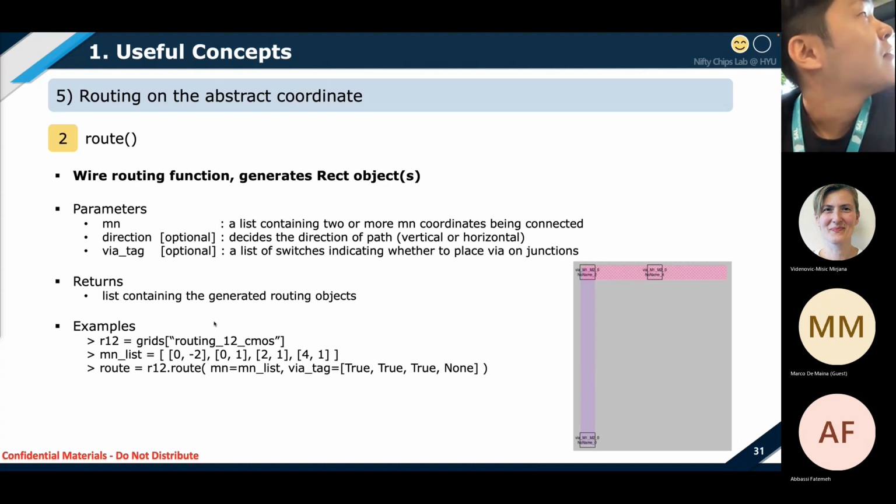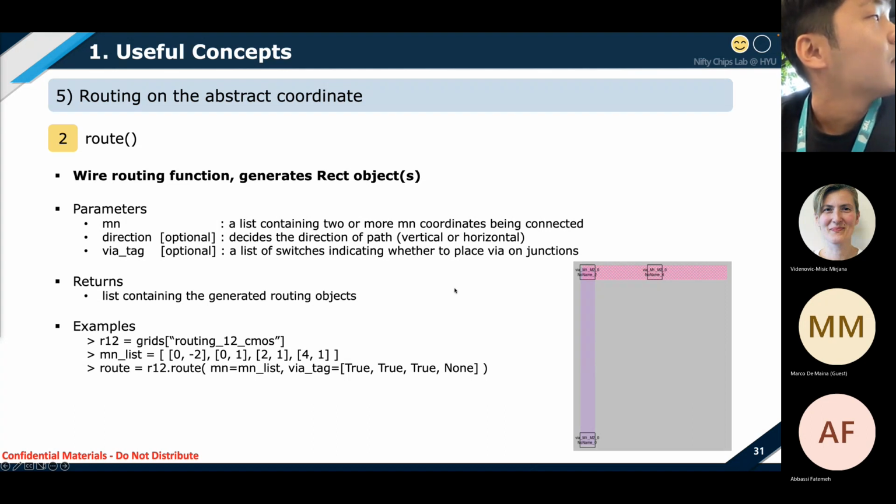And the second one is the route method, which is a wire routing function that generates a rect object. There are three parameters we can use with it: mn coordinates containing two or more mn coordinates being connected, and direction and via tag, which are optional. Direction decides the direction of the path, which is vertical or horizontal. The default value is defined by the kind of metal layer.